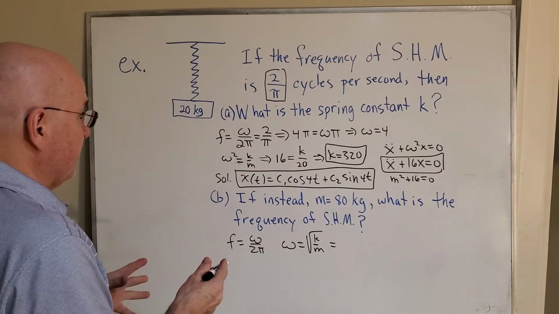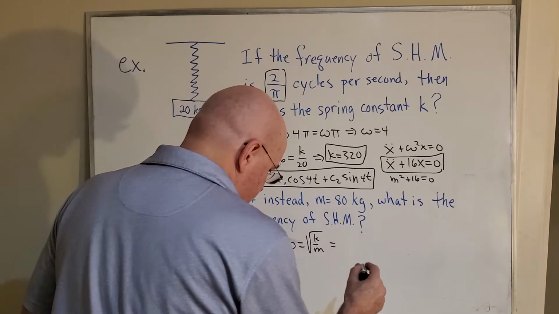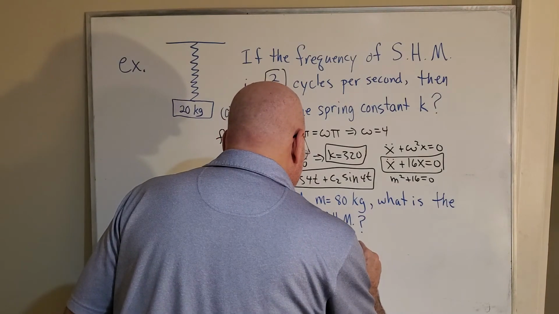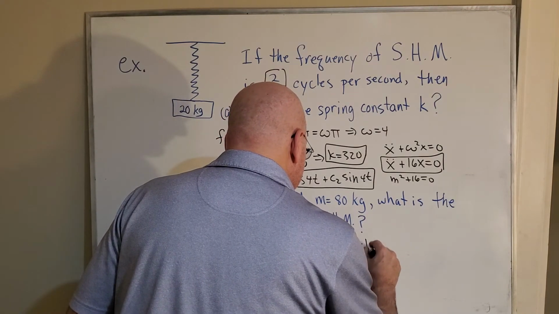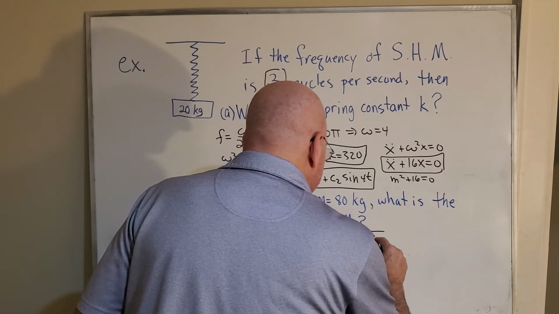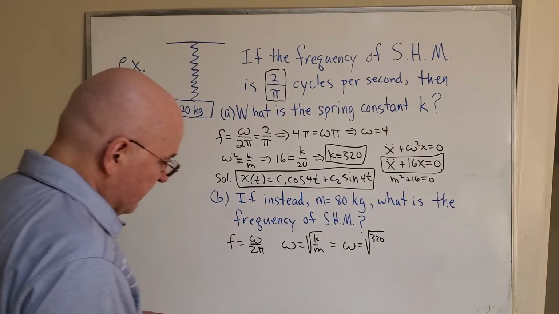Let's see, we do know the spring constant. So we can solve for omega then. K is 320. And what did we say? Mass is going to be 80 this time.